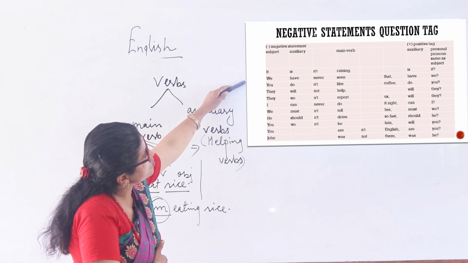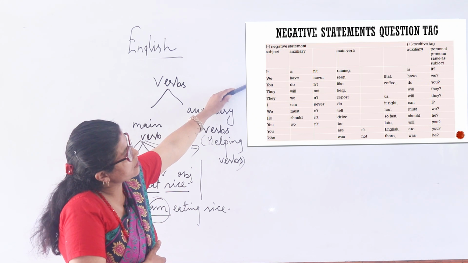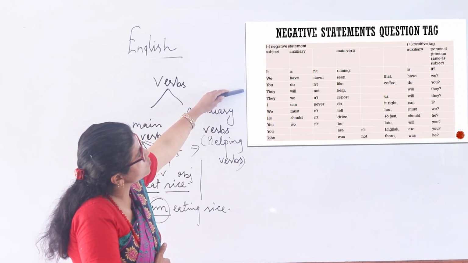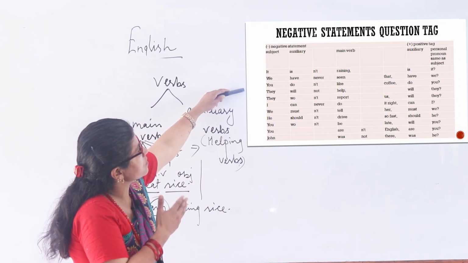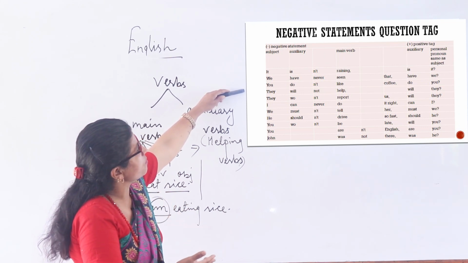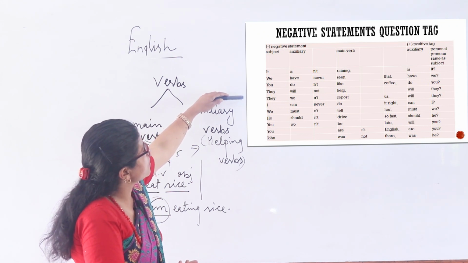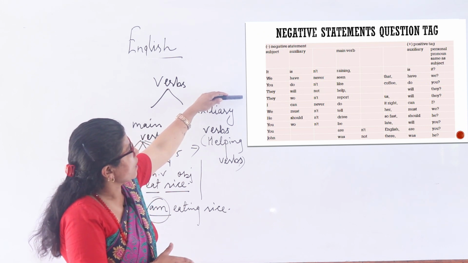We have never seen that, then its tag is "have we". The third one is, you don't like coffee, do you? Okay, you don't like coffee, this is negative, and the next part is positive. They won't help, will they? Similarly, they won't report us, will they?